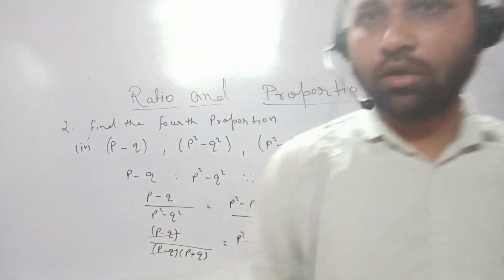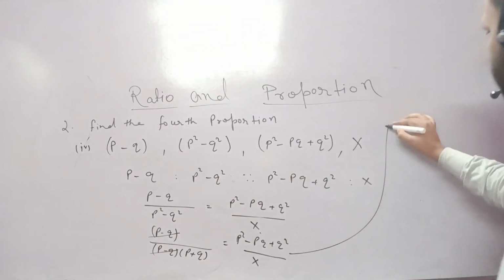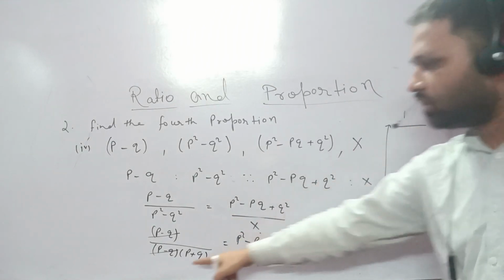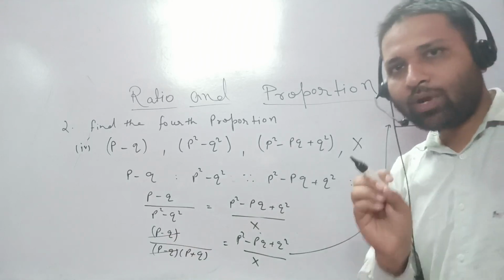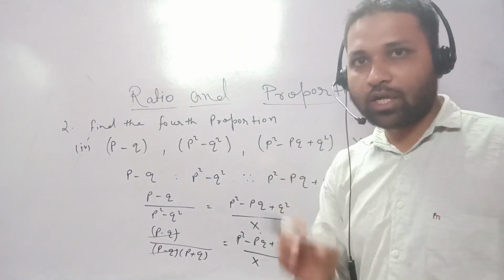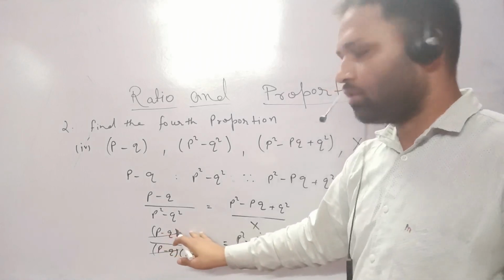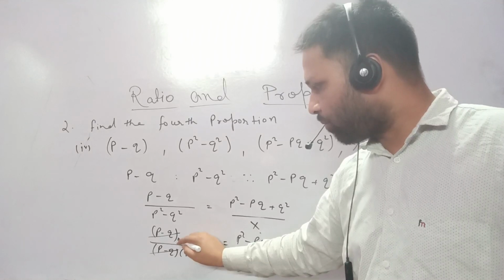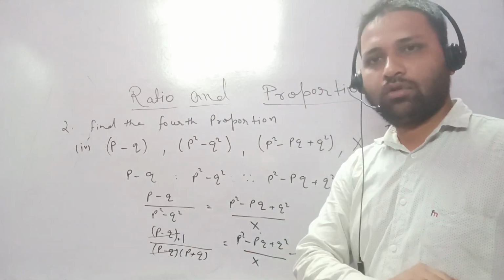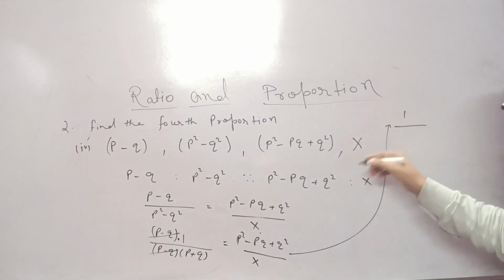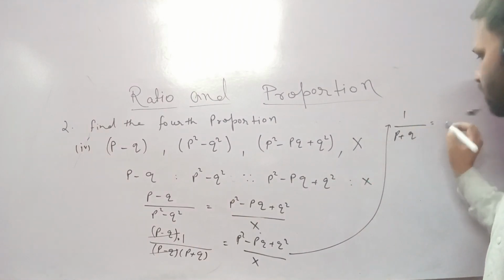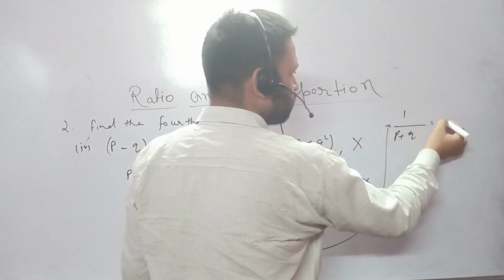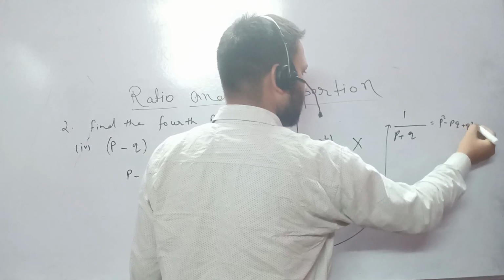Now see here, you write 1. If you cancel a factor, then 1 is left. Remember, not 0, do not write 0. So you write 1, and in the denominator p plus q, is equal to p square minus pq plus q square by x.